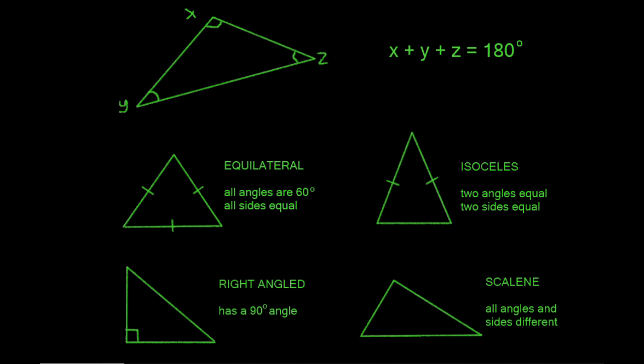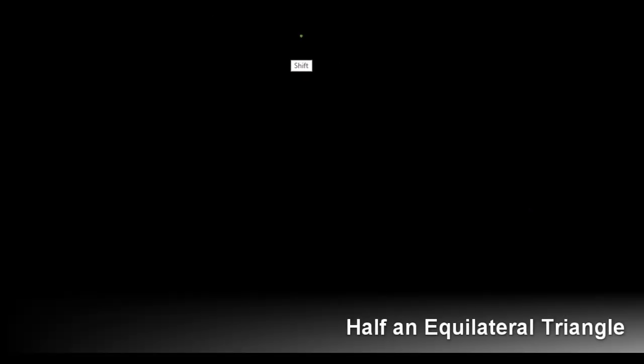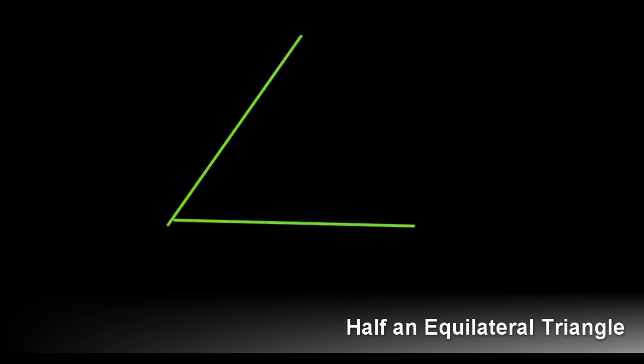However, there is also one more triangle that I feel comes up a lot in the UK Maths Challenge, and you need to be able to recognise it when it comes up. And that is half an equilateral triangle. So if I just quickly draw an equilateral triangle, just pretend this is an equilateral triangle.